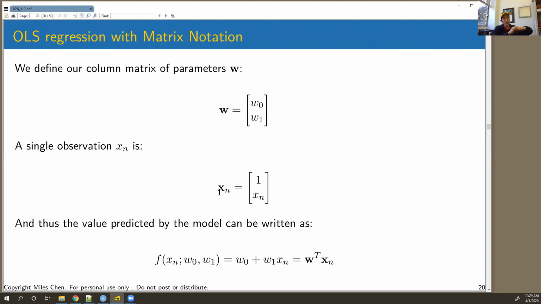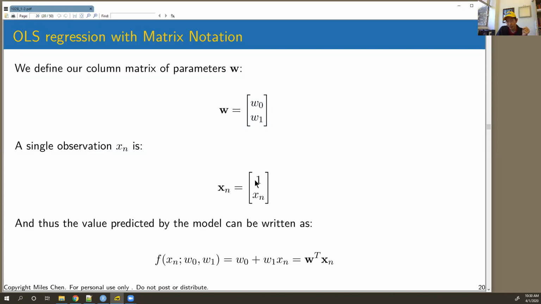So again, we're doing linear regression. So really, one observation is just an X value, and it outputs a Y value, okay? What we're going to do is append the value 1 to the X, okay? The reason for this is that we want to be able to express the linear regression, which is the intercept plus the slope times X, as the multiplication of W times X, okay?